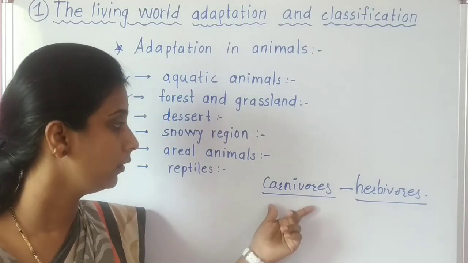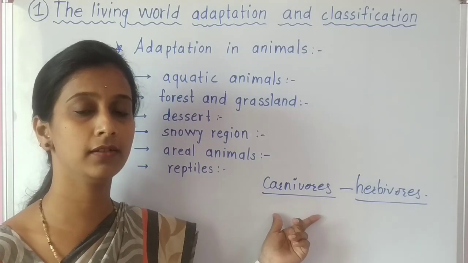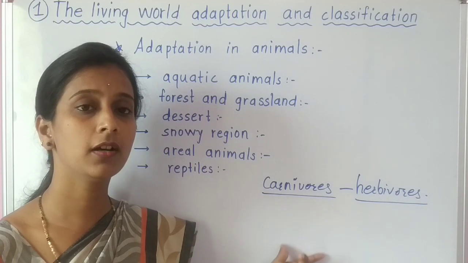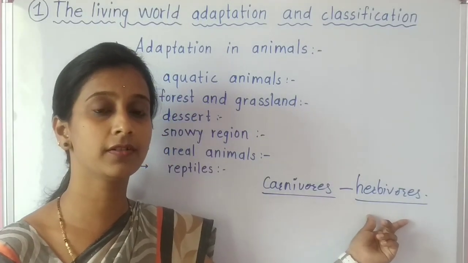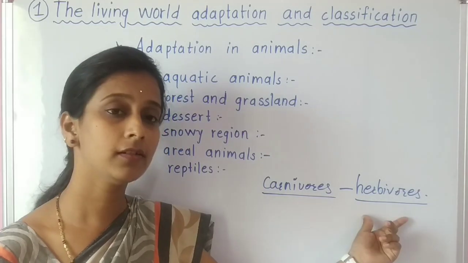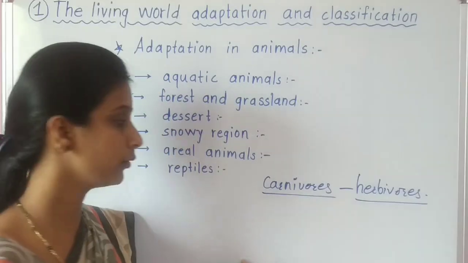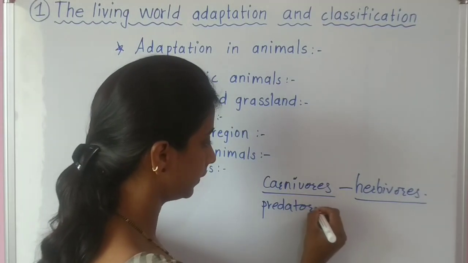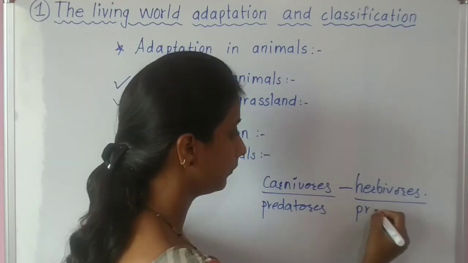Okay, so in the carnivorous group, tigers, lions, hyenas, wolves, fox, this type of animals come under this group, whereas rabbits, deers, antelopes, elephants, zebras, all these animals come under the herbivorous group. The carnivorous are also said to be predators, whereas herbivorous are said to be preys.